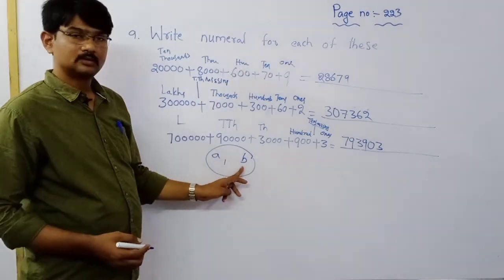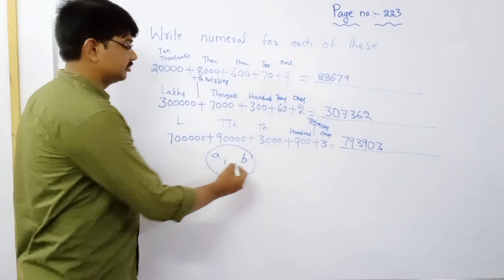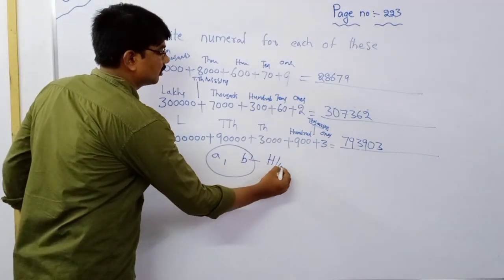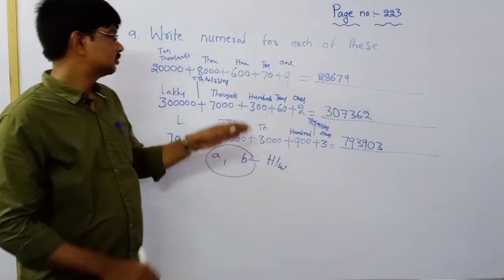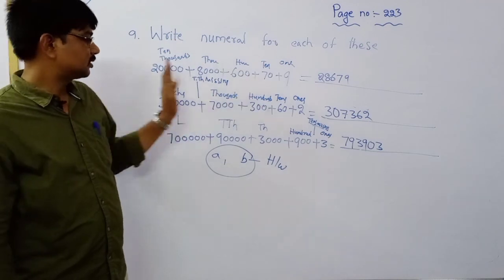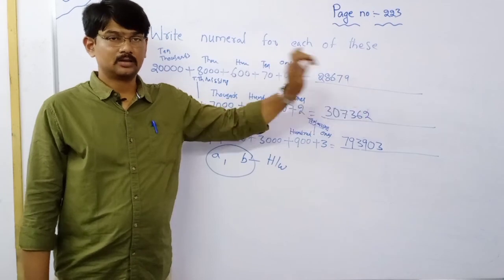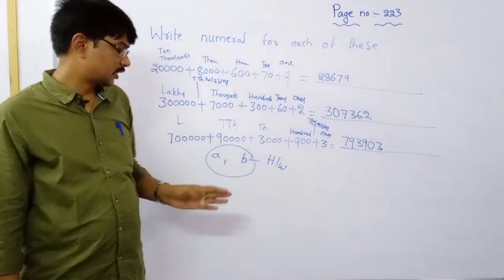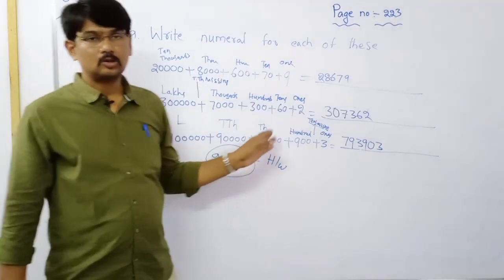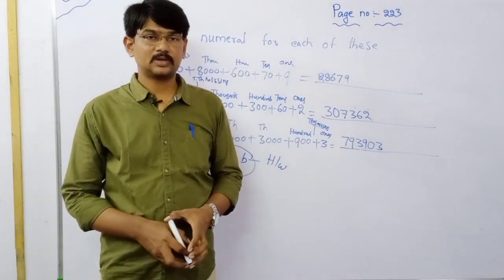So do A and B on your own. It means homework. All the examples which are given, write these also in your classwork notebook, and do the homework in your homework notebook, children. Okay, thank you.